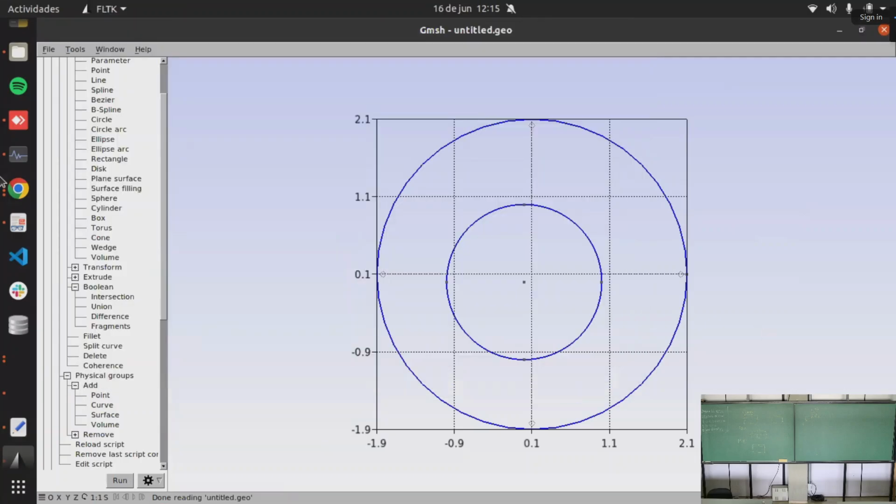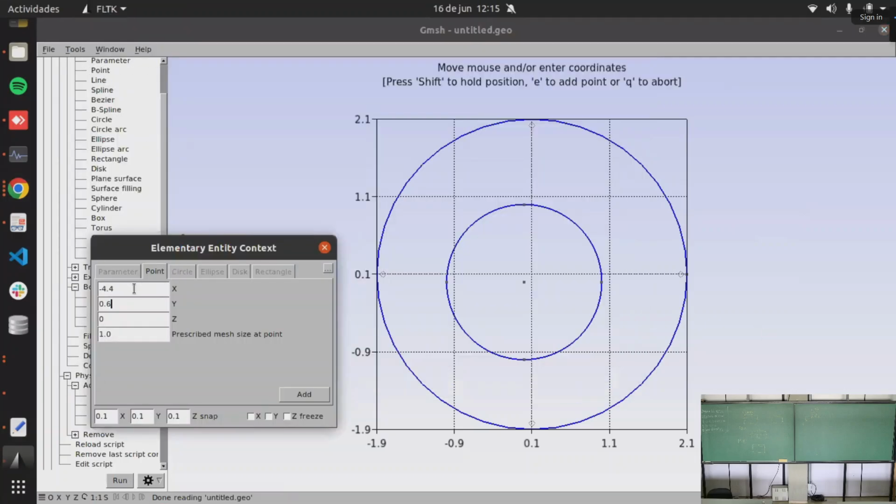No. Point. That will be the point 2, 0, 0. Add. No. Okay. No. 0.2. Add. Okay.